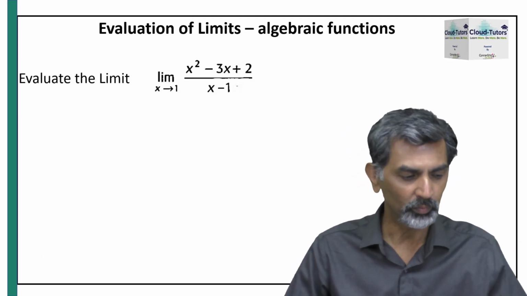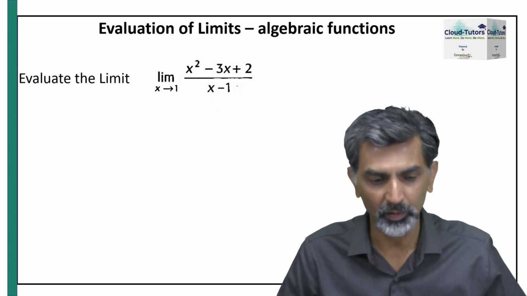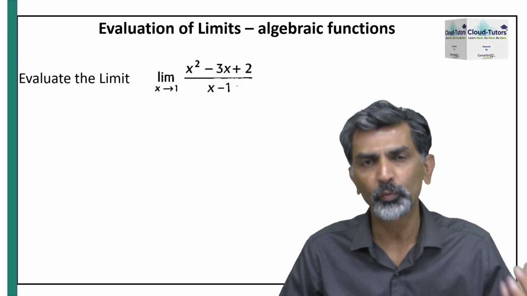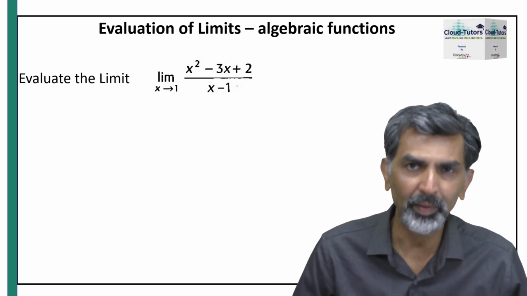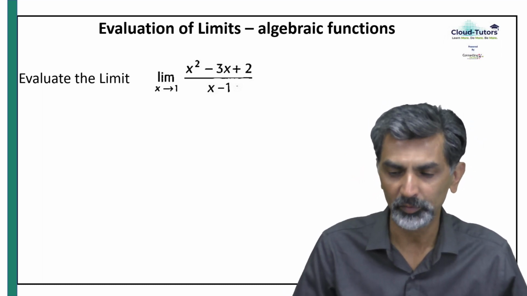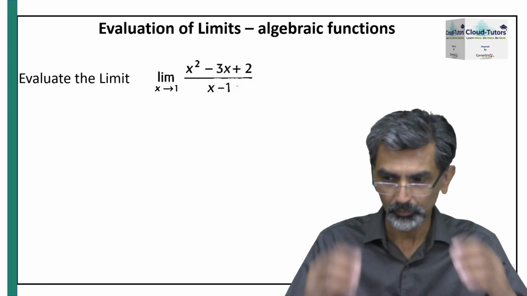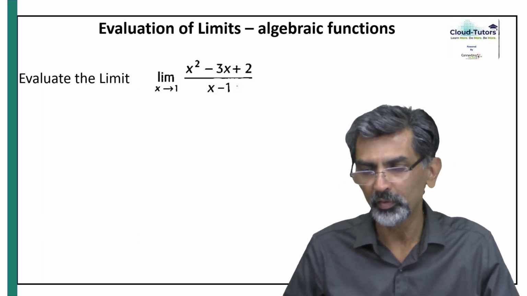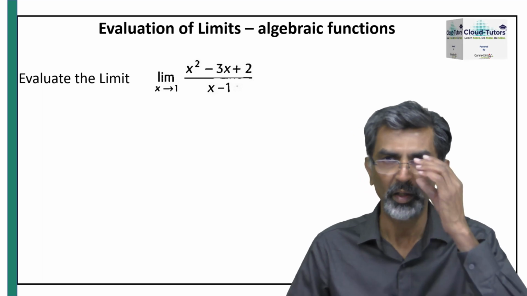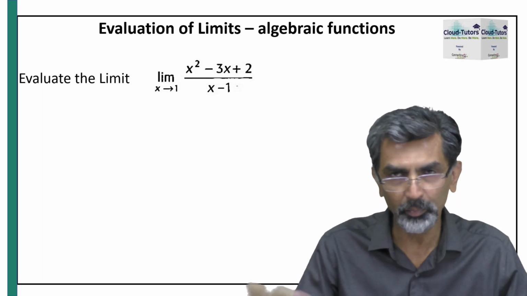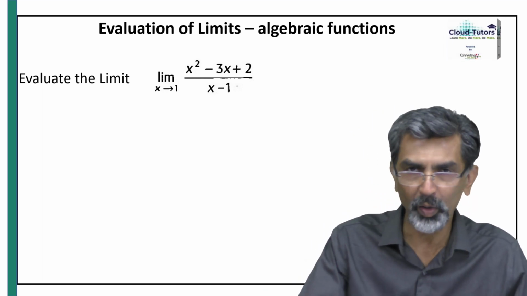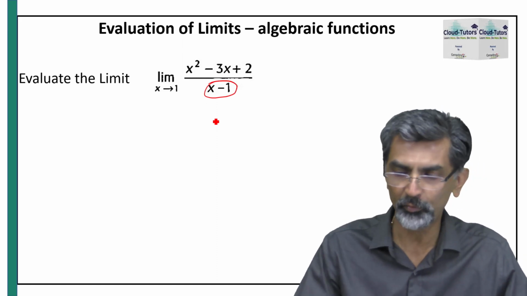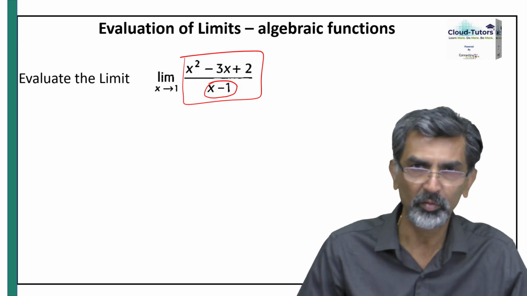So let's do a few practice questions, and these are simple questions, no doubt, but they allow you to further cement the understanding of limits. So let's get started. Limit of x squared minus 3x plus 2 divided by x minus 1. And clearly, if you simply substitute x equal to 1 in all this, the denominator becomes 0, and therefore this entire expression is undefined.